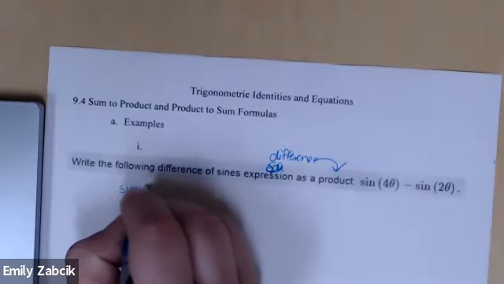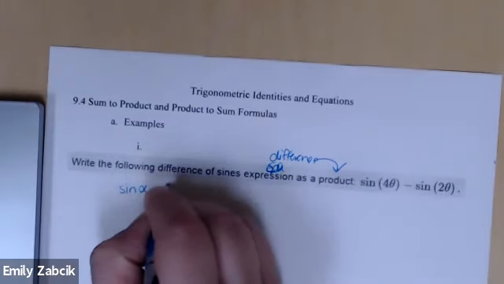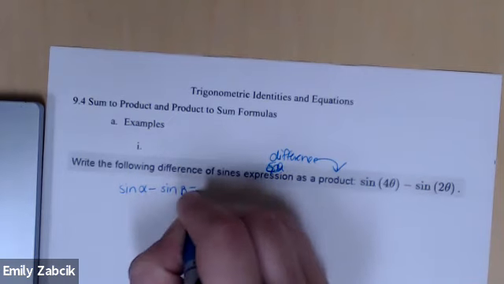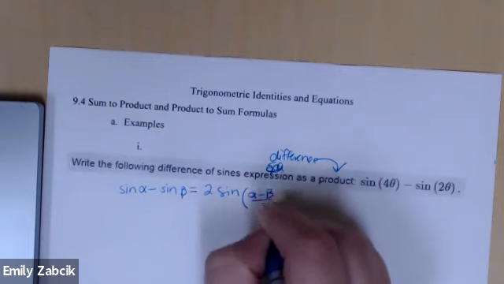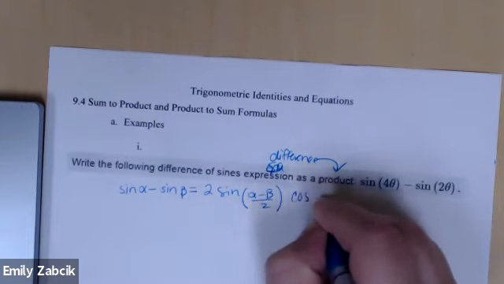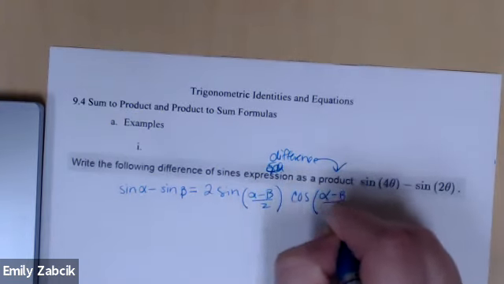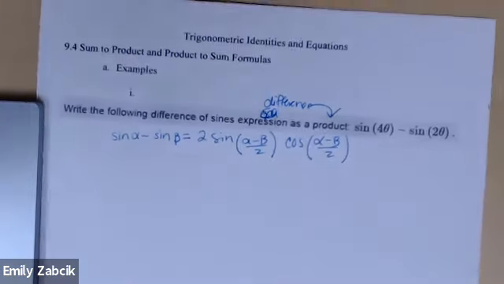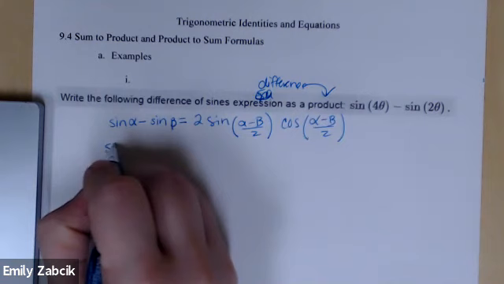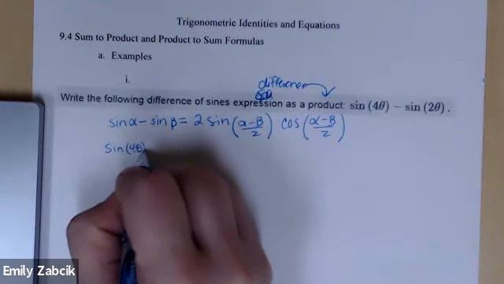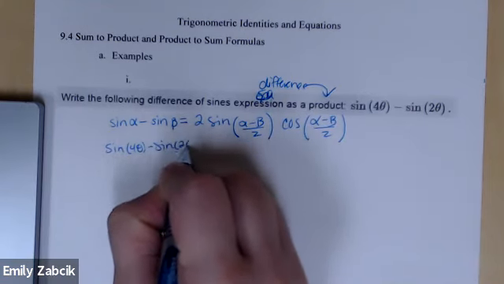So if I'm looking at sine alpha minus sine beta, that would be equal to 2 sine of alpha minus beta over 2 cosine of alpha minus beta over 2. So this is the formula we're going to be using to go from a difference to a product. Now you can see that if I write my problem underneath here, sine of 4 theta minus sine of 2 theta.